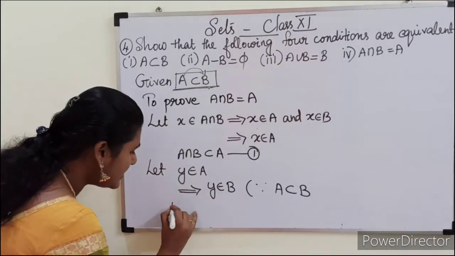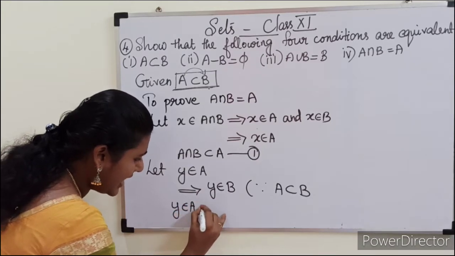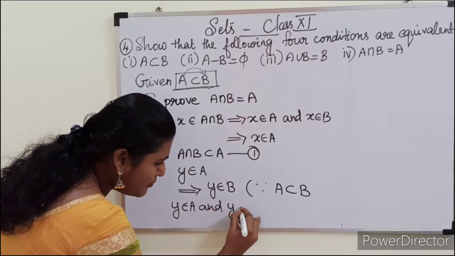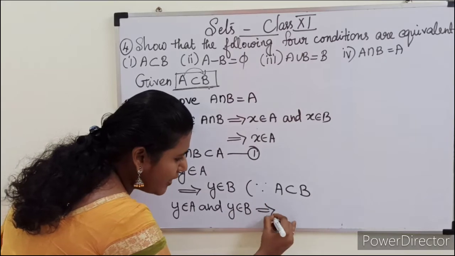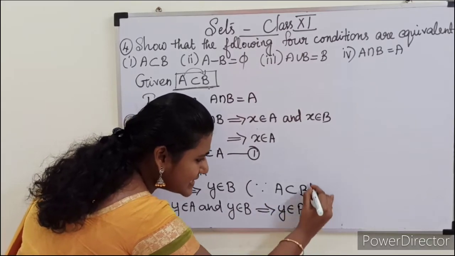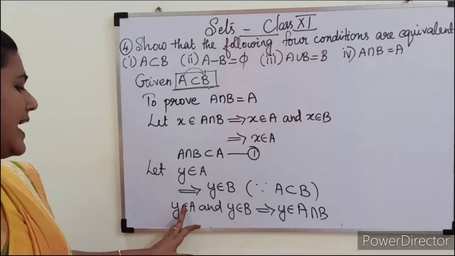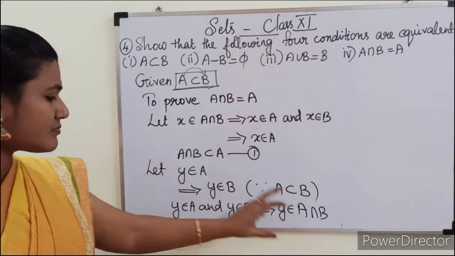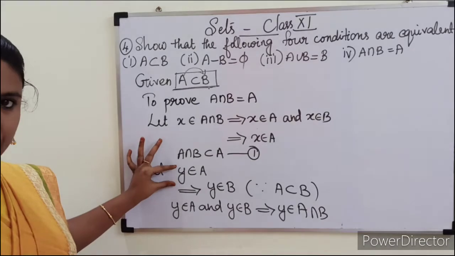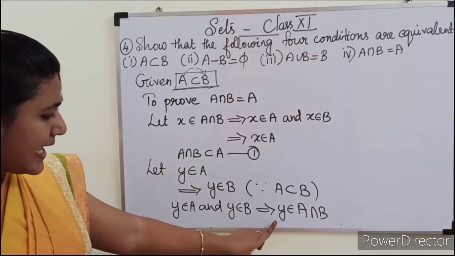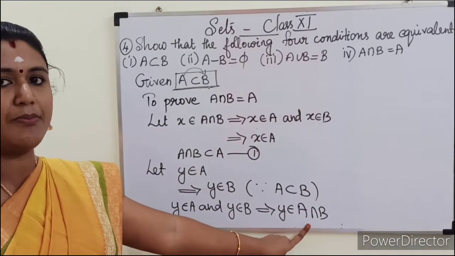Now what we got here is y belongs to A and y belongs to B, which implies y belongs to the intersection, so y belongs to A intersection B also. We started with an element in A and we got that element belongs to A intersection B also.